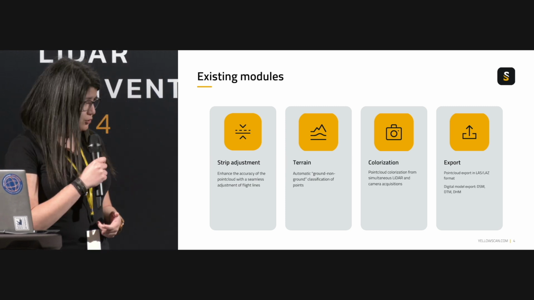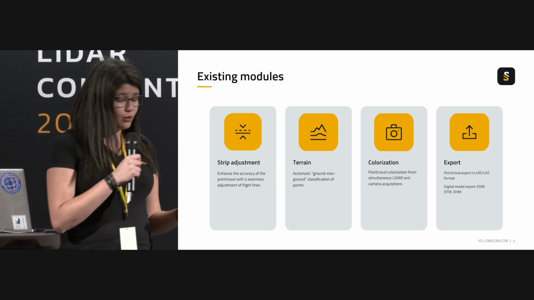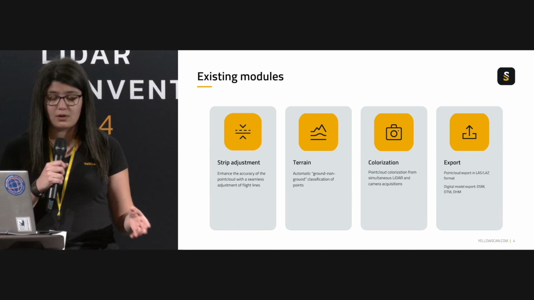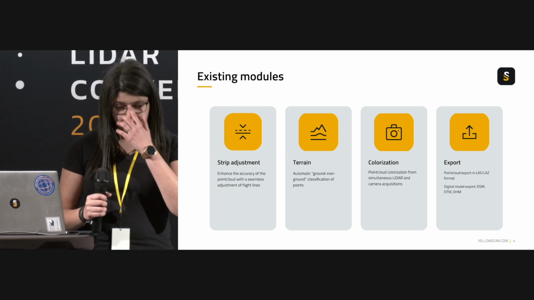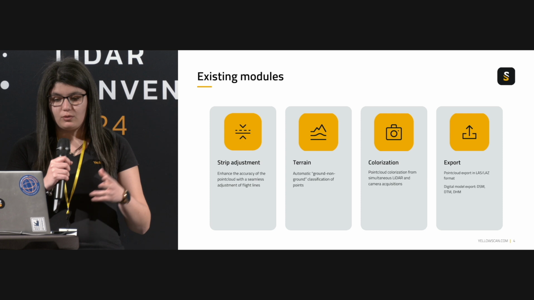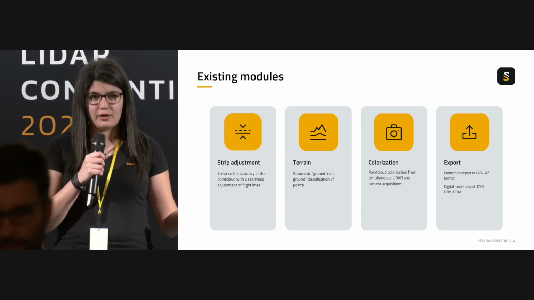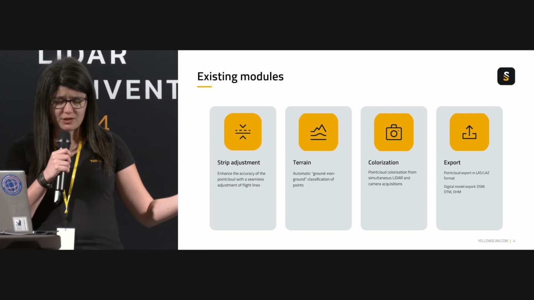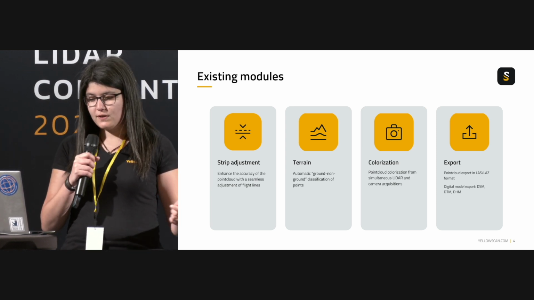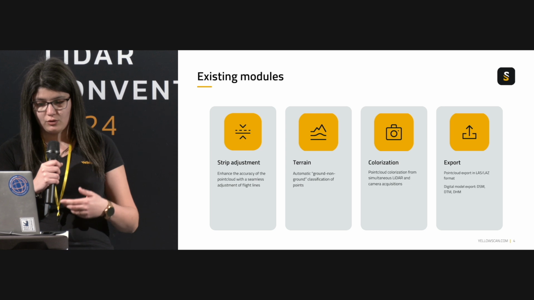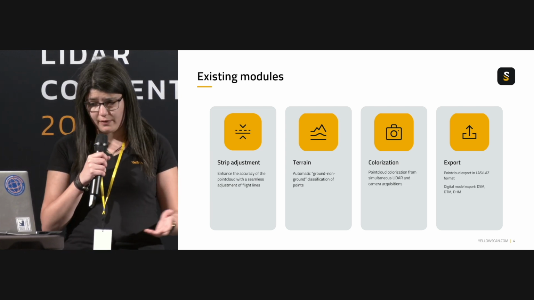Then we have the terrain module that allows you to classify your points as ground or non-ground points. Again, like Tristan said earlier, if you want all your vegetation gone, you can, in one click, remove all the points that are considered non-ground, and you can study the terrain after that.